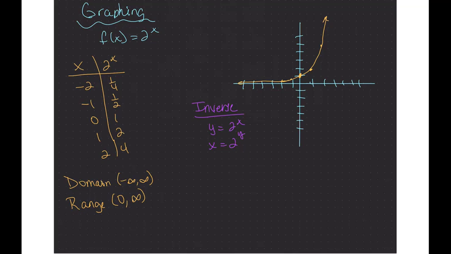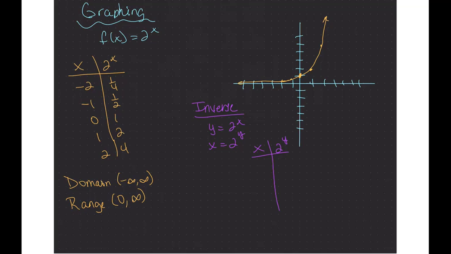So same thing if we came up with that table. I think I can throw it in right here. So if I had x and then I have 2 to the y, right? So it's kind of written a little backwards. Two options. When it comes to the inverse, you're just switching the x's and y's, so you technically can switch those around. But we're going to plug in a couple values.